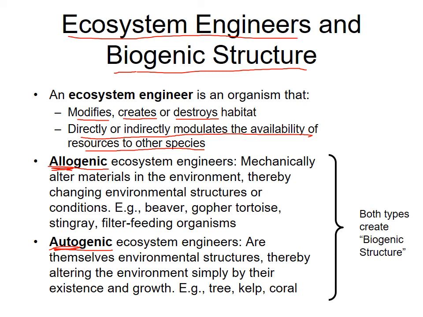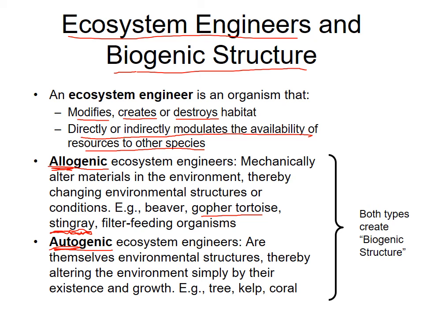That would be like the beaver that engineers with wood, or the gopher tortoise, which is a terrestrial tortoise that digs these burrows and modifies the environment that way. The stingray, which creates these pits in the sediment when it feeds, and those pits alter the sea bottom environment for other organisms. And then filter feeding organisms, which make the water clearer as they remove particles from the water, and that modifies the environment.